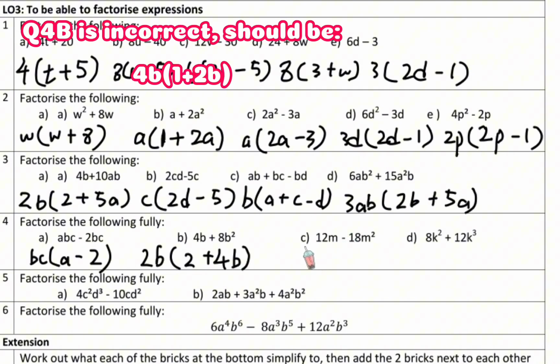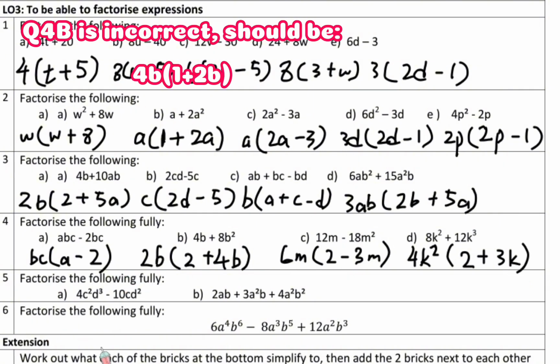For c, 6 bracket 2m minus... for C, we can take 6m bracket 2 minus 3m. And for D, we can take 4k squared bracket 2 plus 3k.